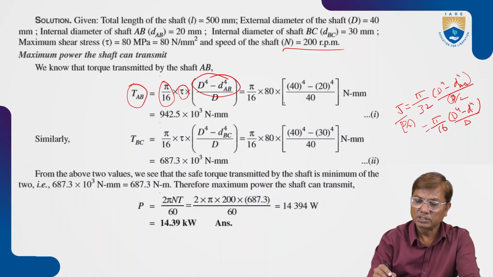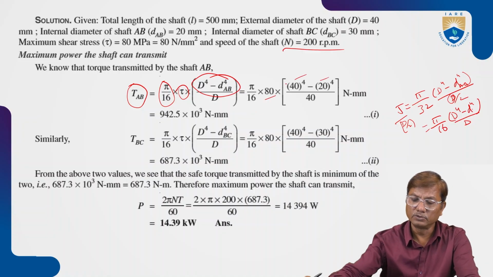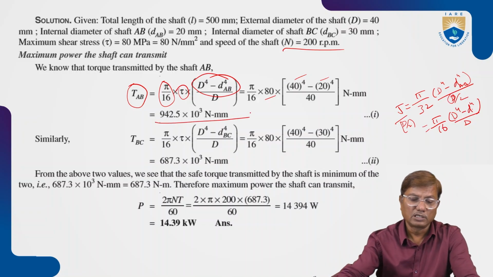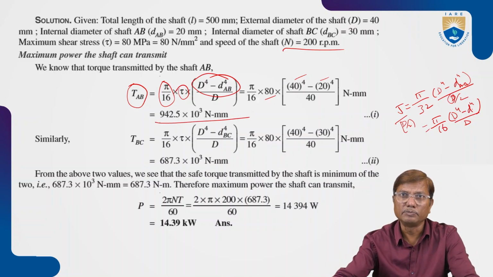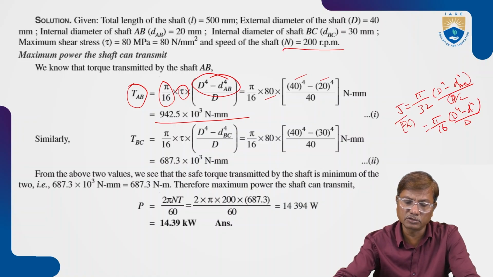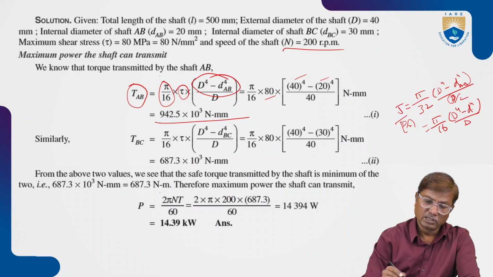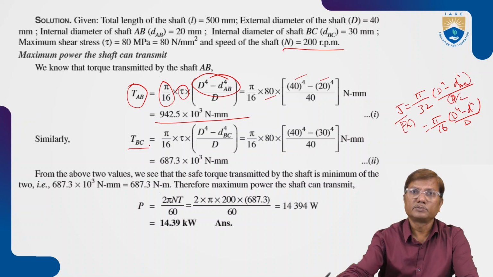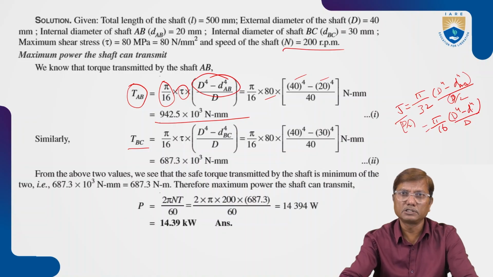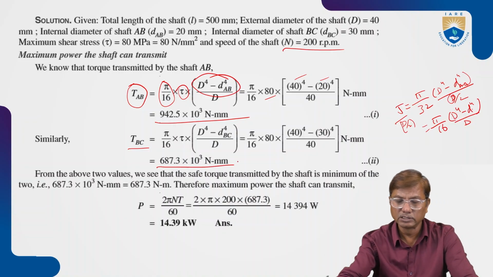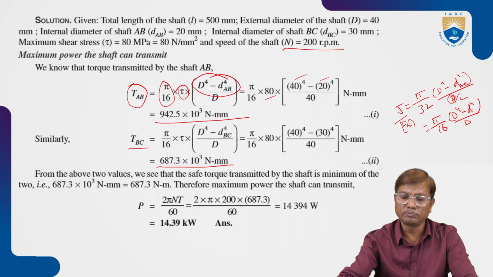So substituting these values, external diameter, internal diameter, and tau value, you will get the torque transmitted by portion AB of the shaft, 942.5 into 10 cube Newton millimeters. Similarly, you can find the torque transmitted by portion BC of the shaft as 687.3 into 10 cube Newton millimeters.